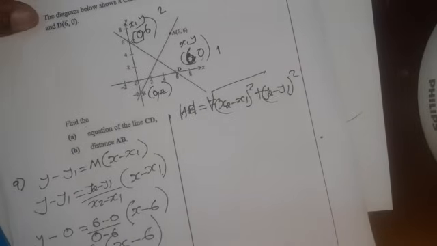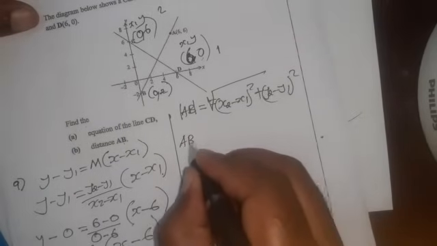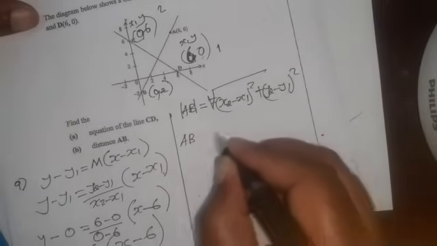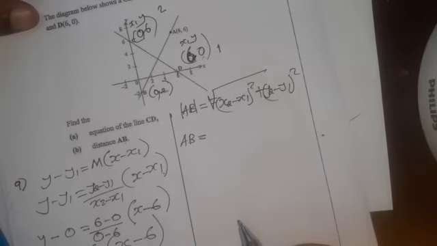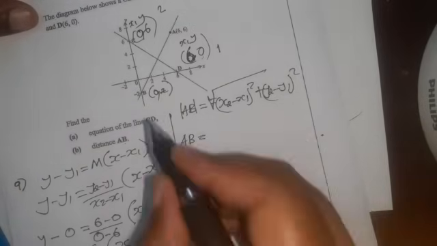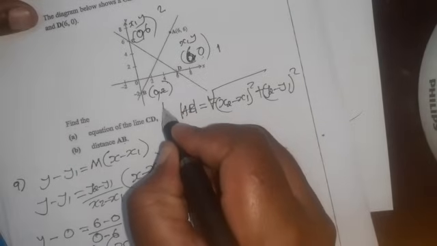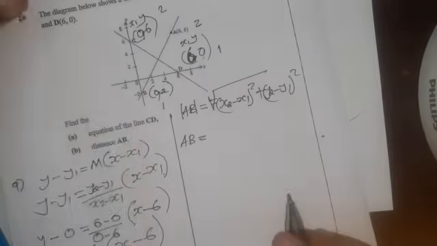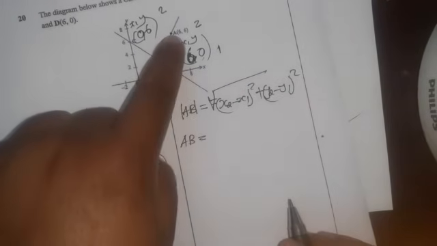Alright? So, the distance of AB is equal to, you can put even that is the distance, it's fine. We can say let this be 1 and this be 2. So this is B and that is our A.